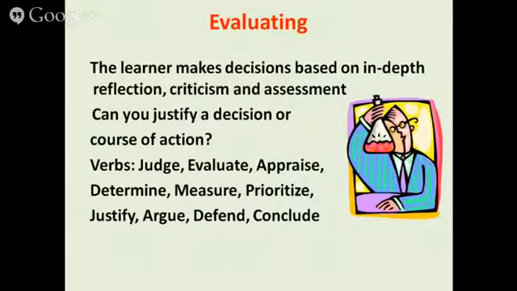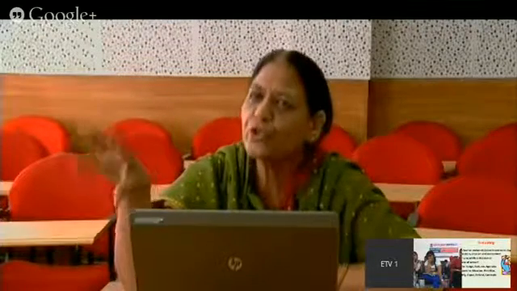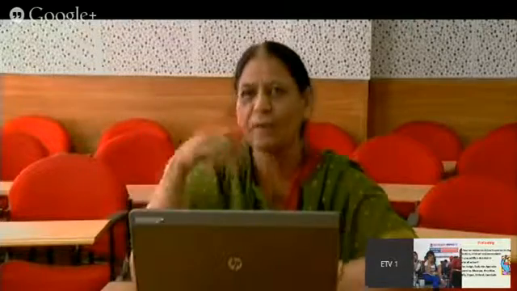So this is nothing but prioritizing. Or you have identified a number of issues related to technical education and you are able to prioritize which issue should be addressed in the first place, and you say prioritize the issues related to technical education in order of their relevance in today's context. That itself could be an ability to evaluate.